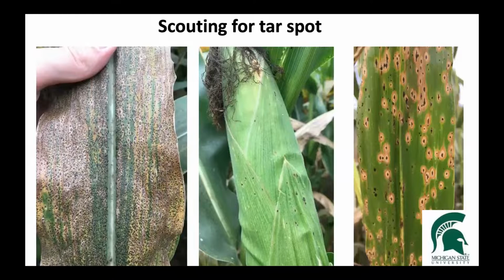So again, here's a close-up view of these stromata fungal bodies, and they can vary in size. And sometimes we see on the far right associated with them what we call a fisheye lesion, this kind of lens-shaped discoloration surrounding the stromata. We do not always see that, but that's another telltale of the disease.